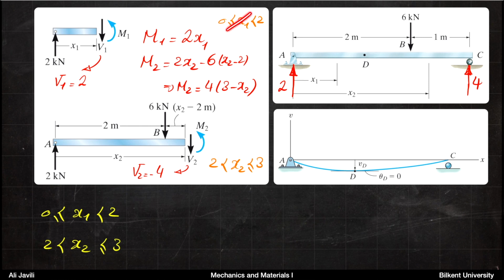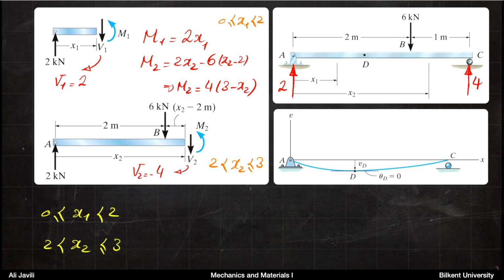So you can do that, and then by doing that, you can calculate the shear force for the first part, and you calculate the shear force for the second part, and you know there would be a jump of shear force at point B because you have an external force applied there.